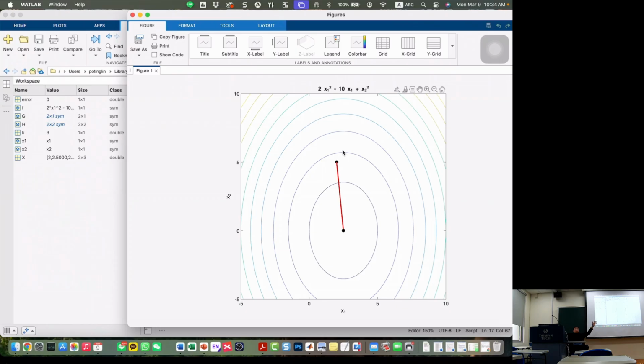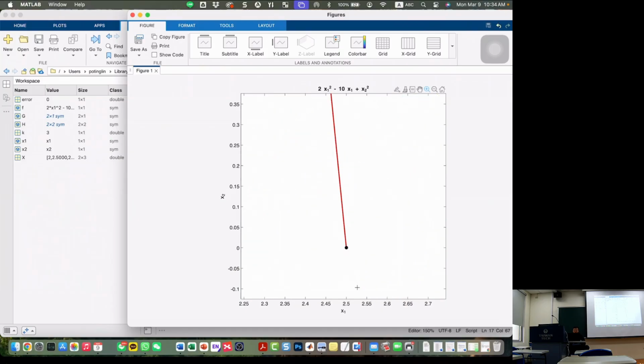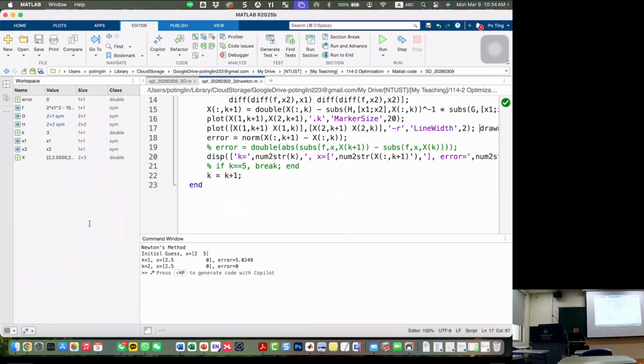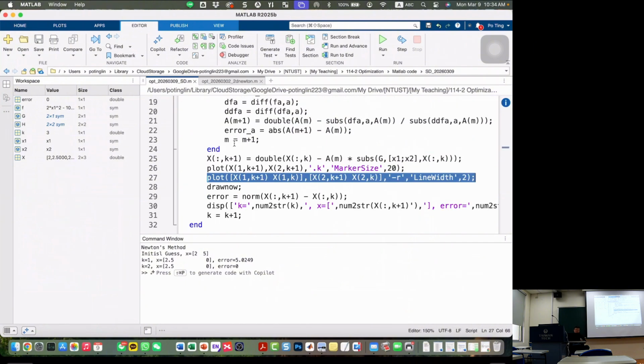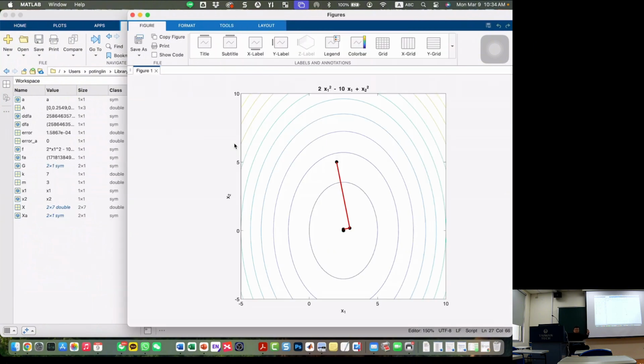Newton's method used the inverse Hessian to figure out what is the best direction and also the best step size. So Newton's method was able to reach the optimal in one shot.